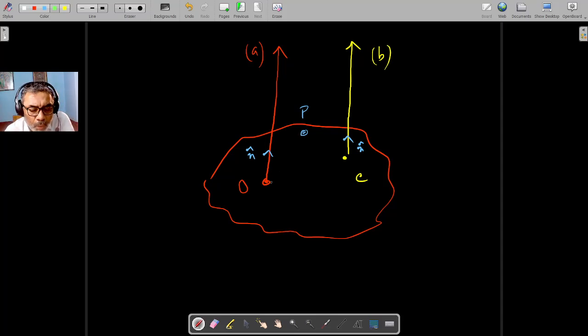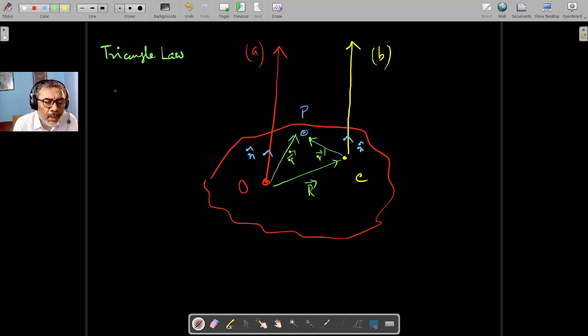Now let us join O with P. Then we call it r. Then join C with P. Then we call it r dash, and join O with C. Then we call it R. So from the triangle law, we get r equal to R plus r dash.